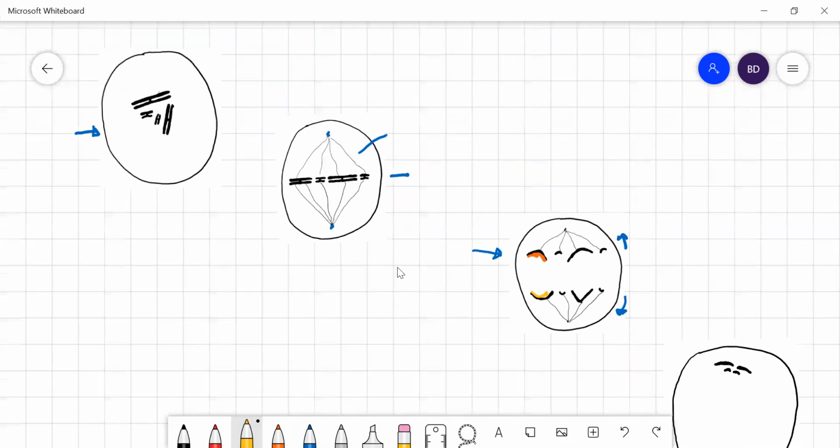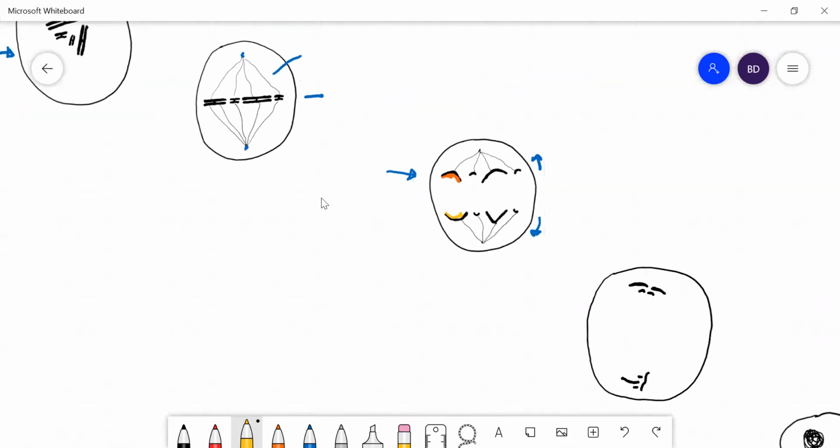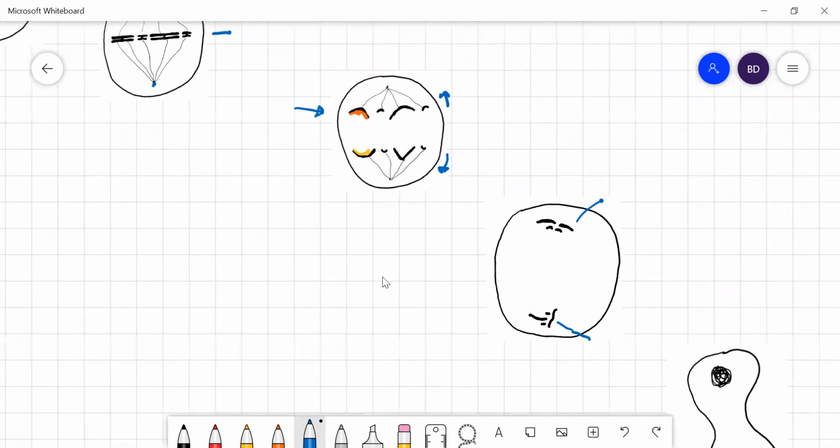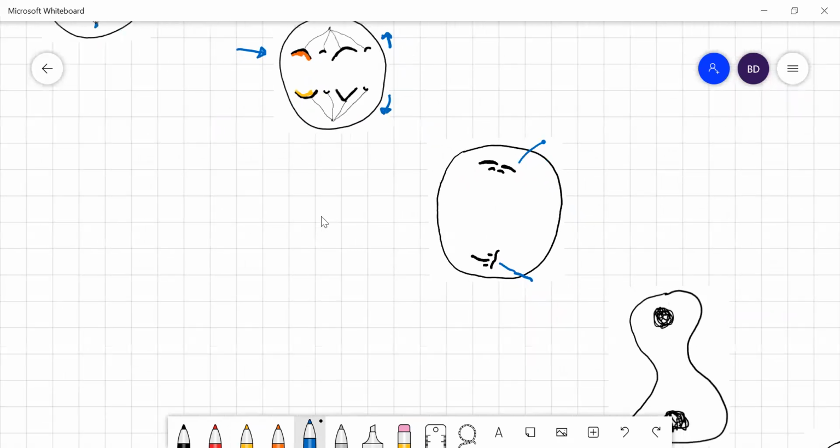Right, eventually you get to this stage where the separation of the chromatids is complete, and you get one lot at one end of the cell and one lot at the other end of the cell. Now cell division is almost complete, and those chromosomes are going to become invisible again. They're going to unravel like a ball of wool, and so you won't see the chromosomes anymore. We've separated the 2 identical bits of genetic information.